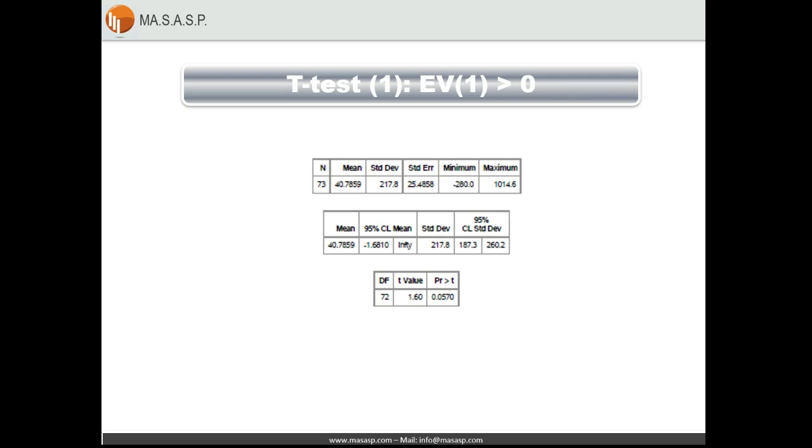Well, let's recap the t-test as a whole. Here we see the outcome of the basic t-test, which says that the system in question has an expected value which is not strictly significant at a 95% confidence level, because its lower confidence limit overlaps with 0.